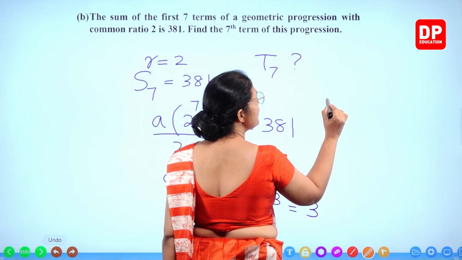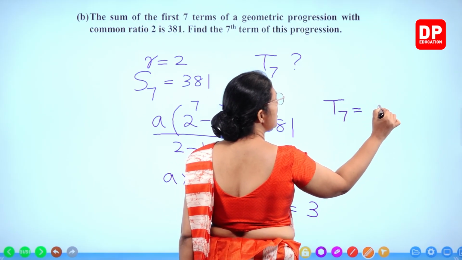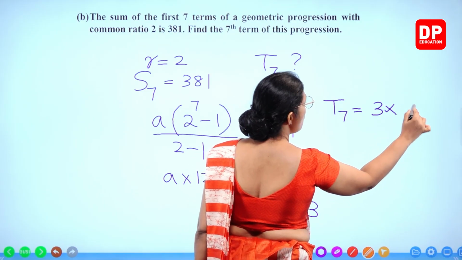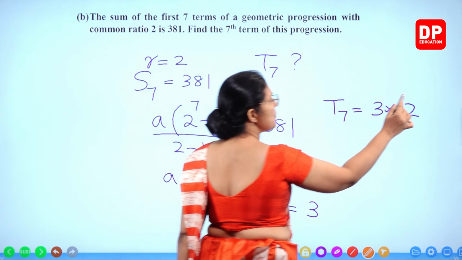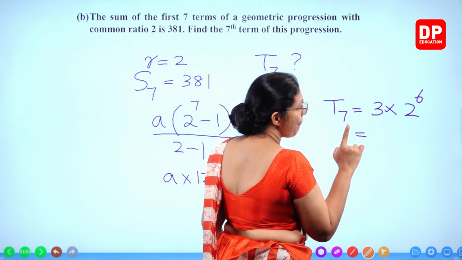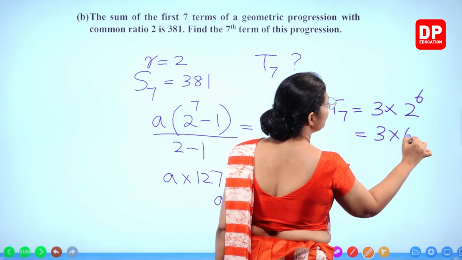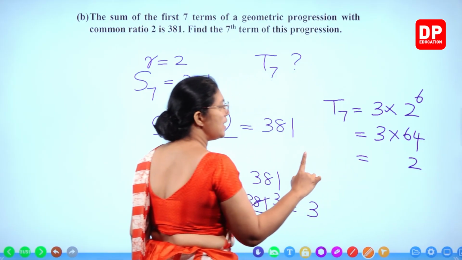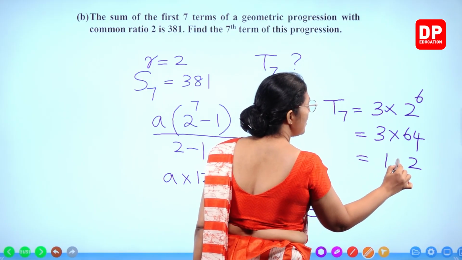Okay, now we have to find the 7th term. So this is a geometric sequence. What is the 7th term formula? First term, that's 3. Ratio is 2. 2 to the power n minus 1. 7 minus 1 becomes 6. So 2 to the power 6 is 64. 64 times 3. 3 times 4, 12. 1 remaining. 3 times 6, 18 plus 1, 19.